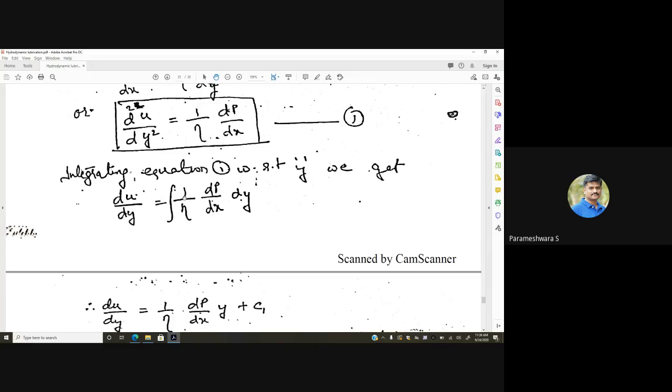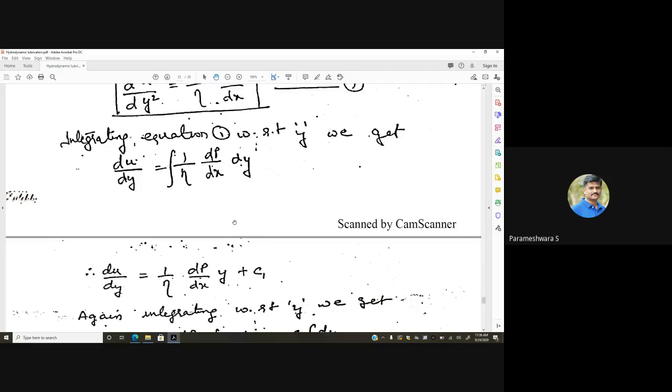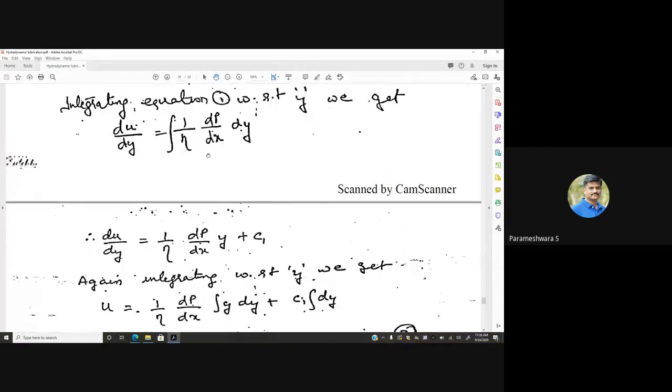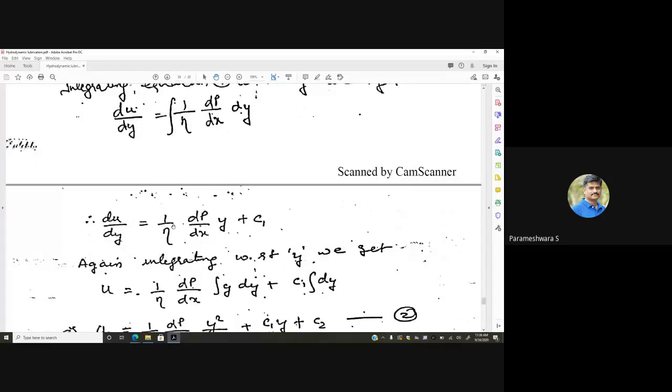Anyhow, this eta viscosity is constant, so I will keep that value out of the integration. Then du by dy is equal to 1 over eta dp by dx into y plus c1, where c1 is the constant of integration.